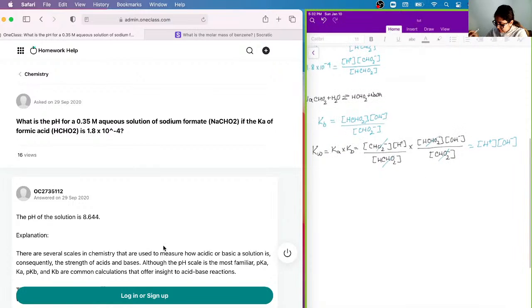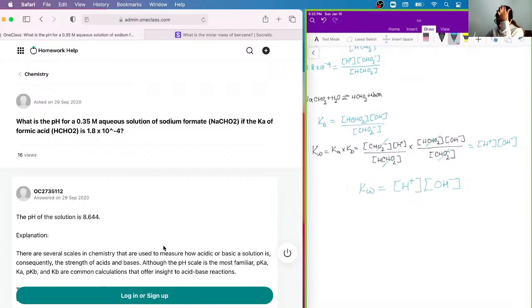Okay. And so we can basically say that Kw is equal to the concentration of H plus and OH minus.